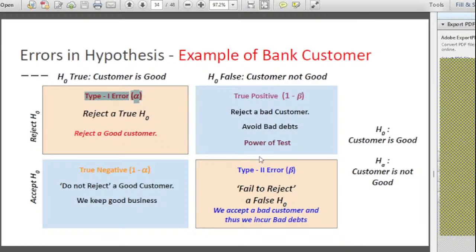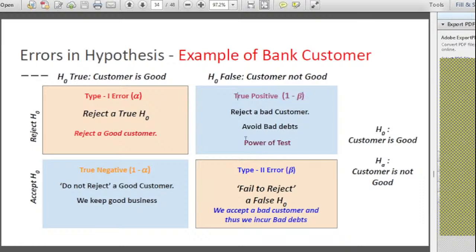Right? Okay. And in the blue quadrants, no error was made. Their model indicated that he is a bad customer and he was also a bad customer. So the bank was able to avoid bad debts. This is called the power of the test, 1 minus beta.